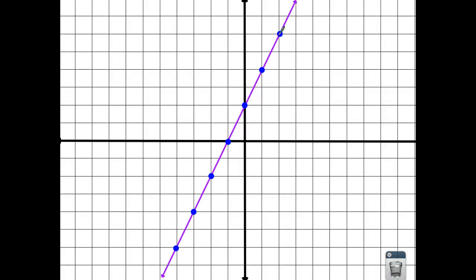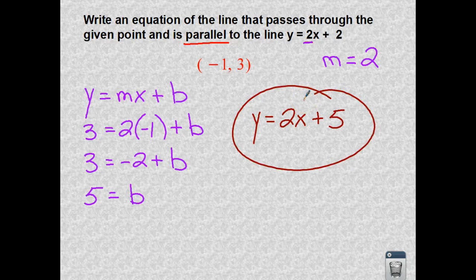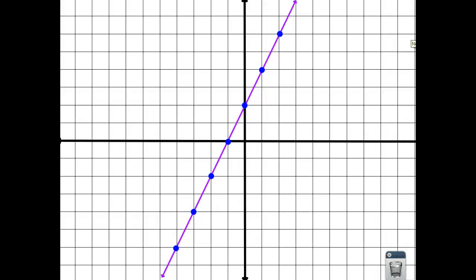And now let's create our new equation, which was y equals 2x plus 5. So if I go to my b, which is 1, 2, 3, 4, 5, and my slope was identical because they're parallel, that means I rise 2 and run 1, or I fall 2 and go left 1, fall 2 left, fall 2 left.